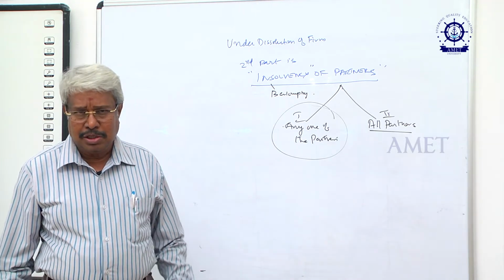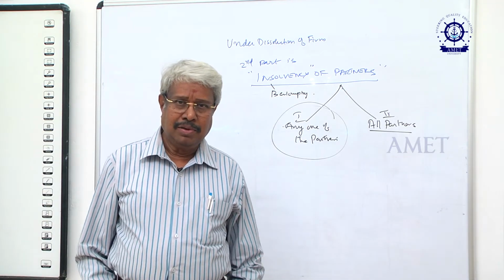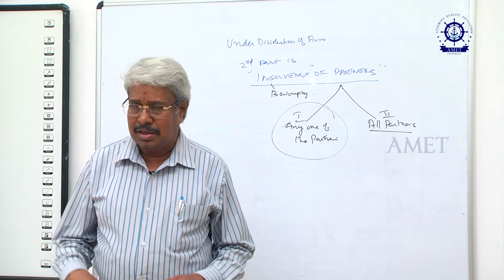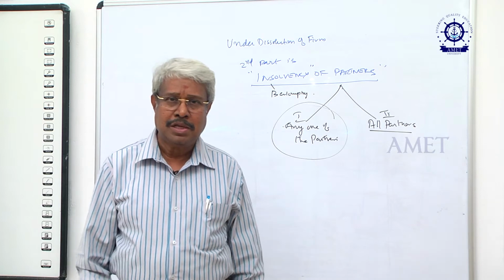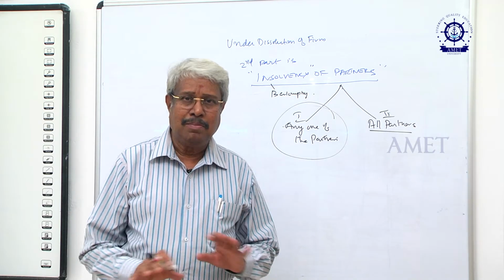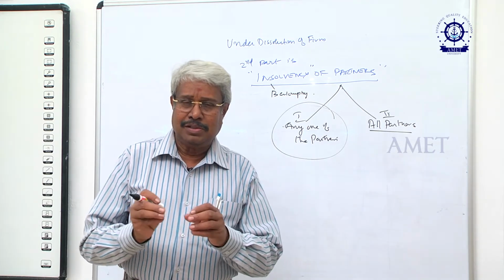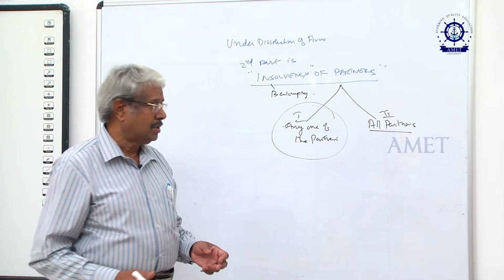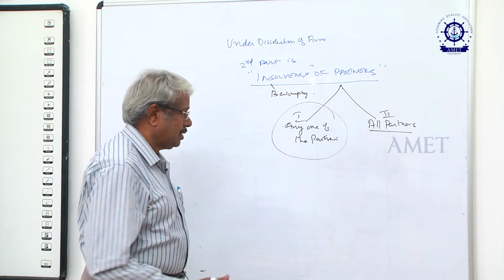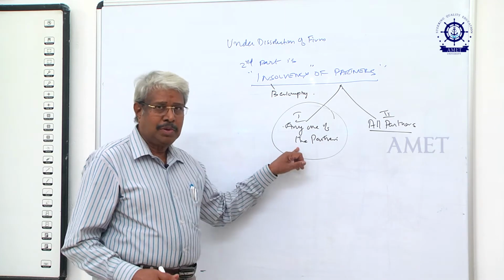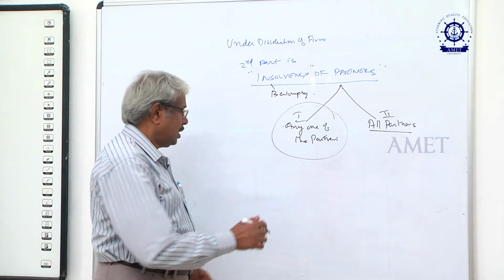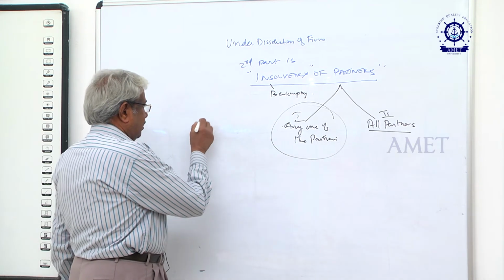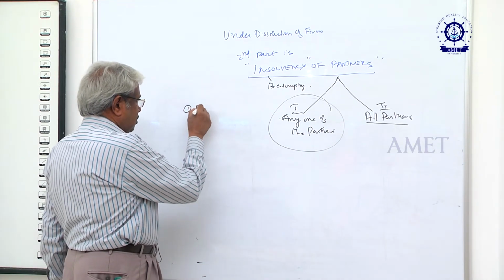Here also the dissolution concept applies. Whether all partners are insolvent, or any one of the partners is insolvent, or the company wants to close down the business, we have to apply the same process, with slight changes only in the capital accounts of the partners. So we'll take up any one of the partners. Here also the company has to be closed down because they don't want to continue the business. Under that circumstance, we prepare the realization account.